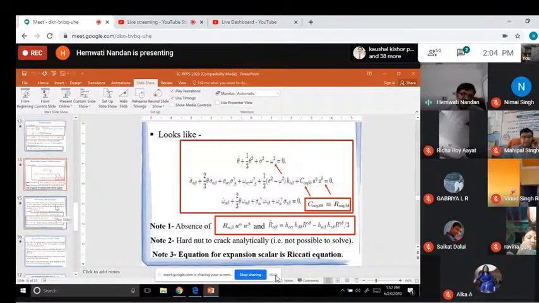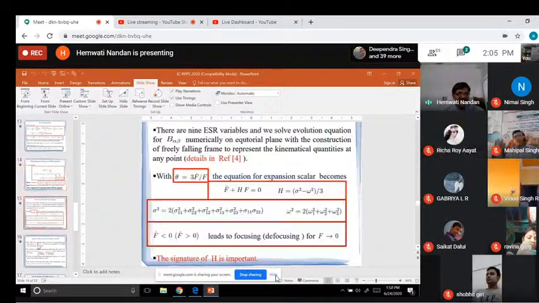So in this particular case, we have given a new definition to θ, and with this redefinition of θ, we have a Riccati type of equation there. You can see f double dot plus hf is equal to β, and we can construct it as an equatorial plane of freely falling frame, and the components of shear and ω you can notice over there. Then by solving these, we have noticed a few interesting things, and I can mention what these interesting points are.